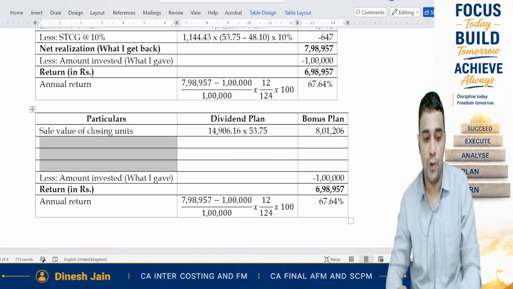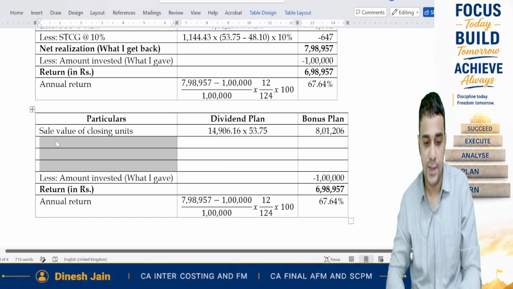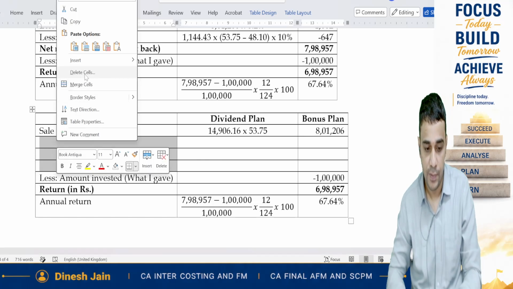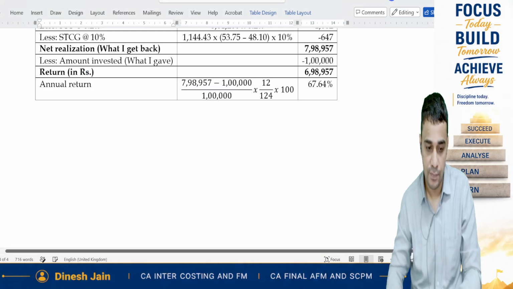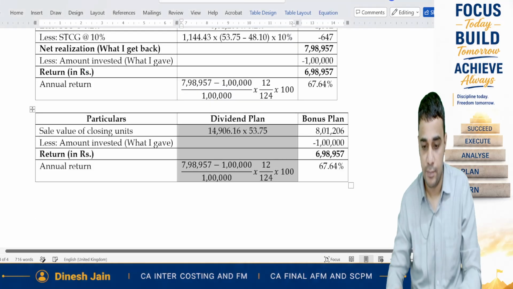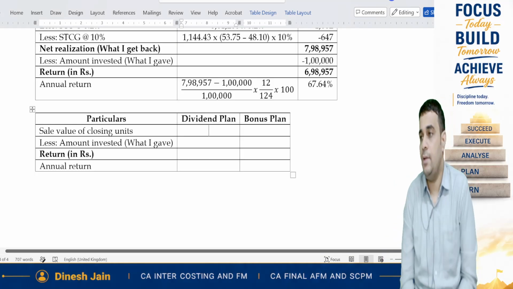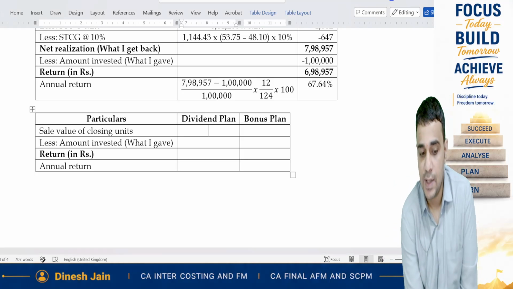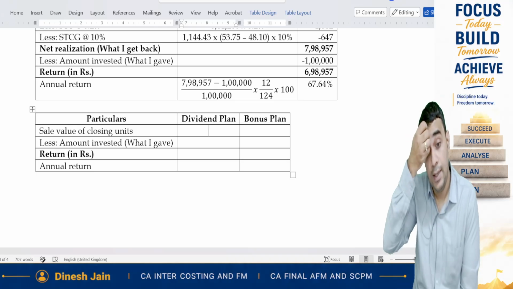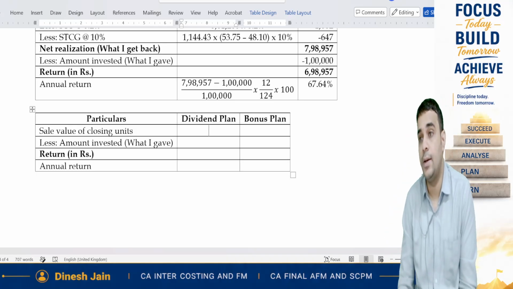Sale value of closing units, less amount invested, return in rupees, and annual return.